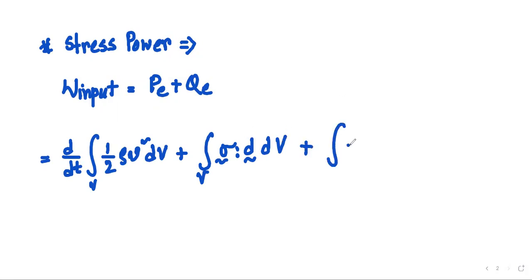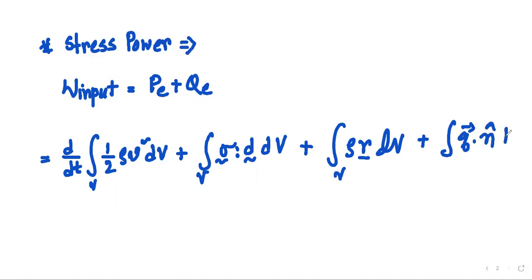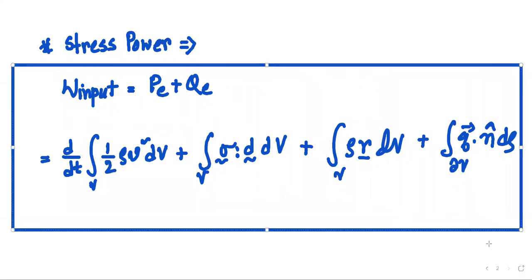And the thermal part: this r is the heat producing field inside the body per unit of volume dV, plus the Fourier-Stokes flux vector q dot with the unit normal of the surface n, dS. This is the expression for energy input into the body.